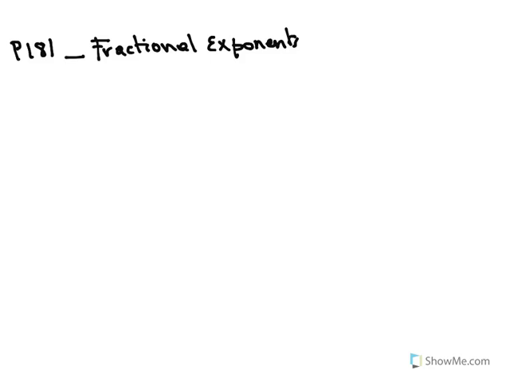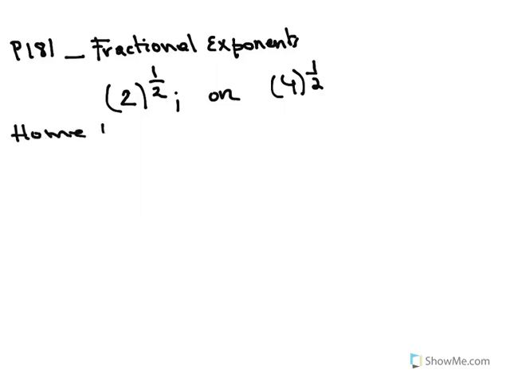The first one is what happens when I have something in the form, let's say, 2 to the 1/2 or 4 to the 1/2. Okay, so I would like you to go into your calculators, to home mode, in other words, calculator mode, and do 4 to the 1/2.